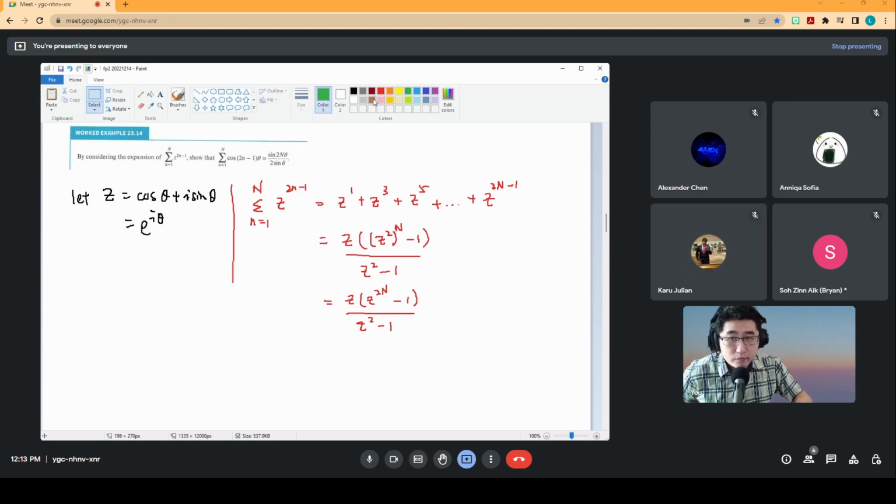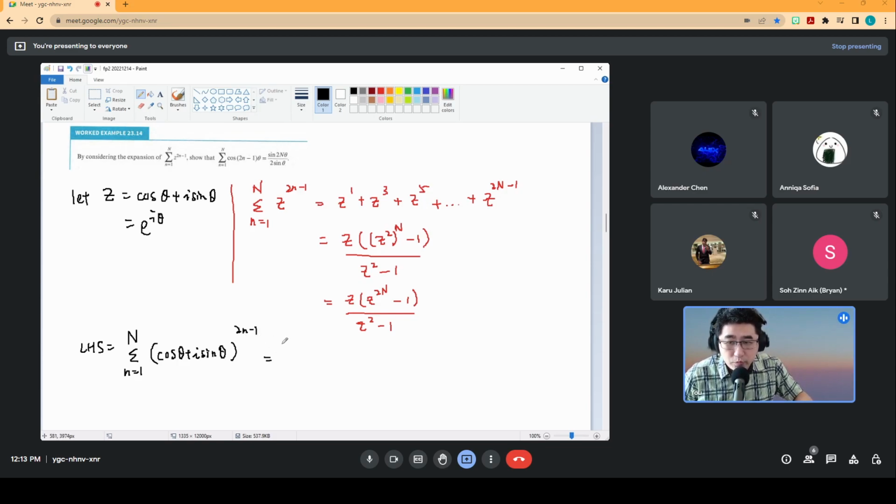Okay, so we have this. On the left and on the right, they are all in complex form. If we continue writing it out for the left and the right, let's see what's going to happen. On the left hand side, I have summation n equals 1 to n. z here, as I said, we write in the form of cos theta plus i sin theta, to the power 2n minus 1.